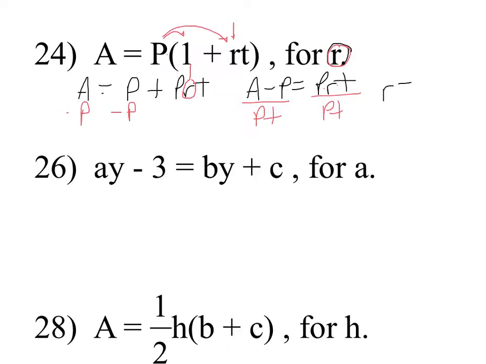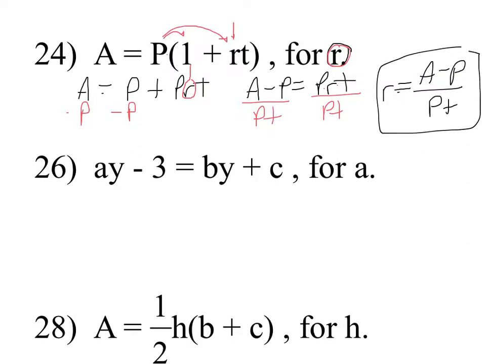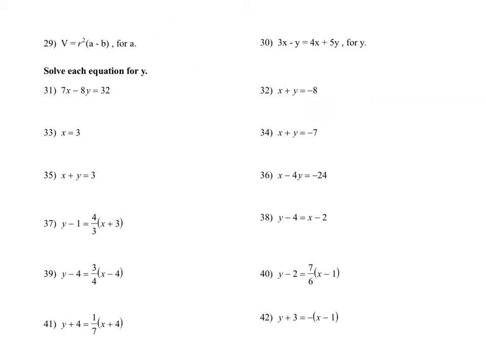So r equals a minus p over pt. Now again, you could divide both sides by p first and go from there, but your answer would be equivalent but messier looking.